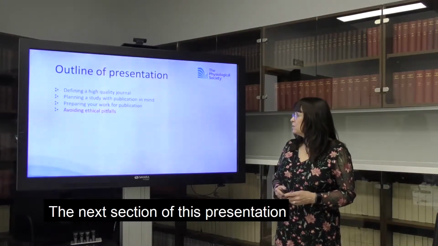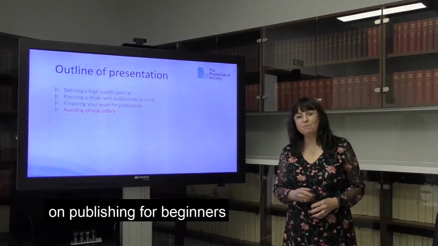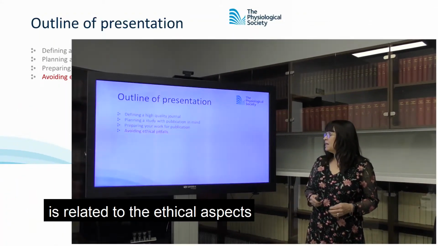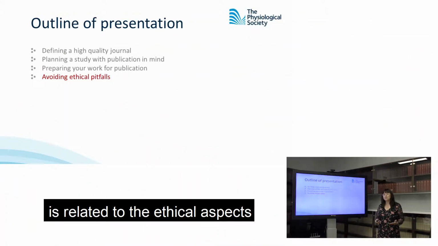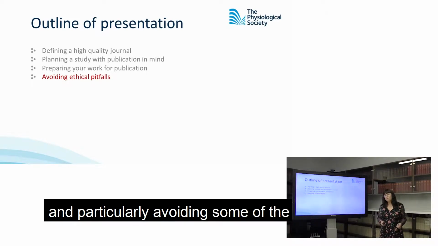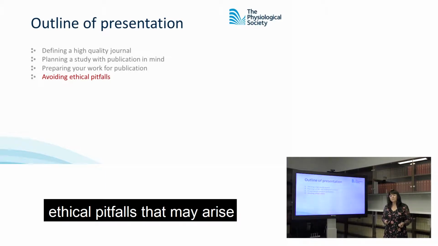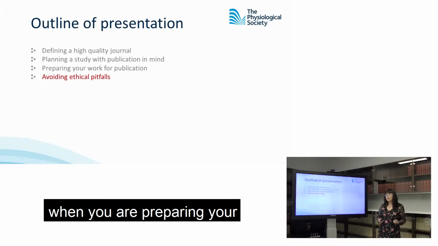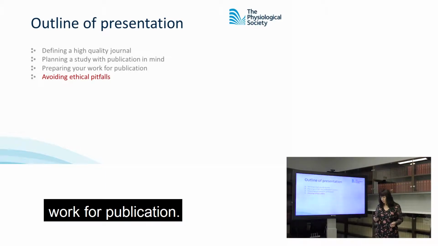The next section of this presentation of publication for beginners is related to the ethical aspects of journal publishing, and particularly avoiding some of the ethical pitfalls that may arise when you're preparing your work for publication.